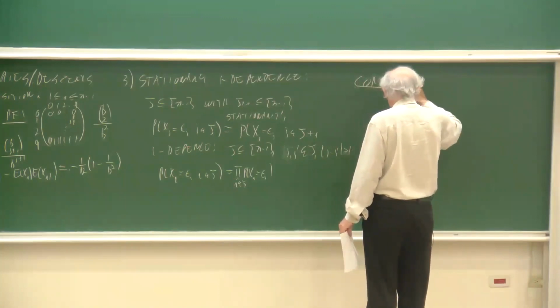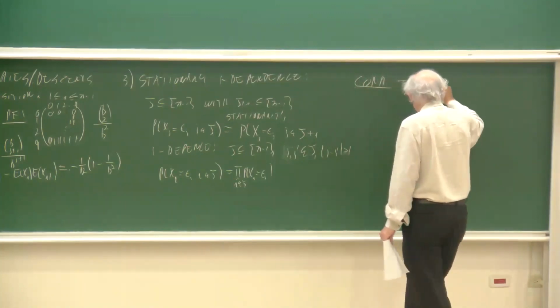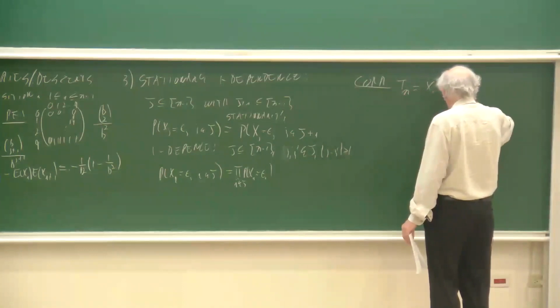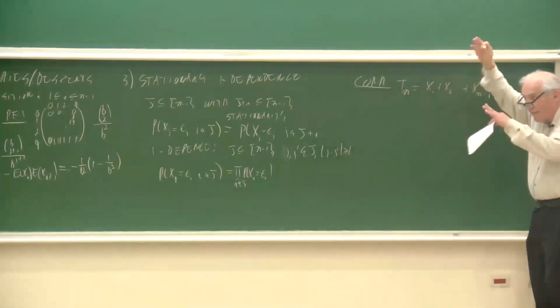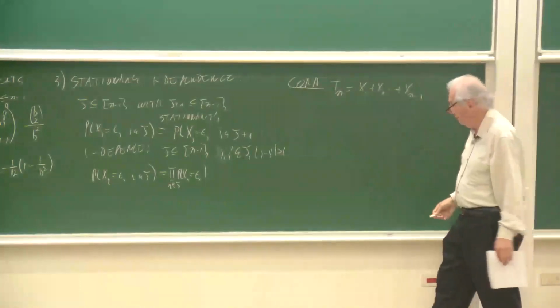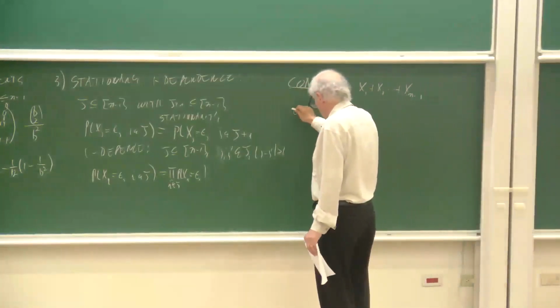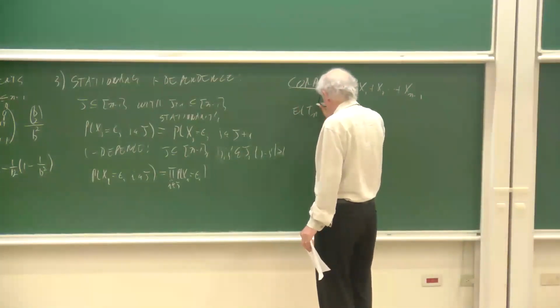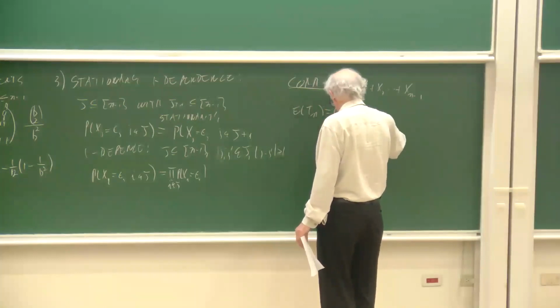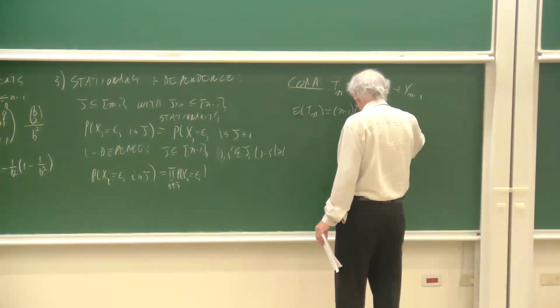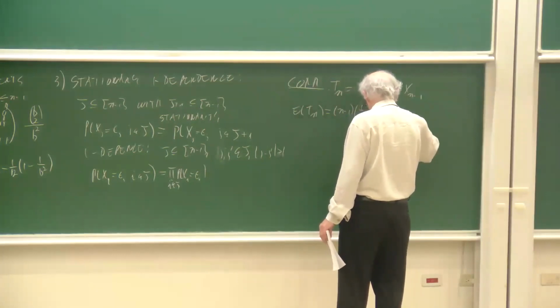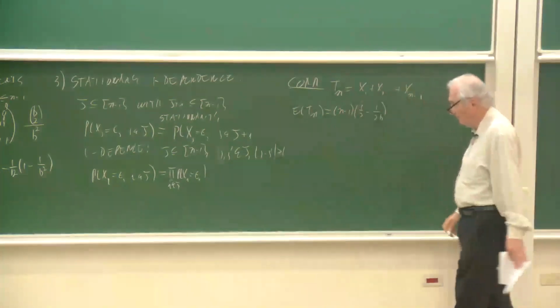let Tn be x1 plus x2 plus up to x(n minus 1), that is the total number of carries, the number of dots in the column. Then the average value of Tn is equal to, well, there are n minus 1 copies, times a half minus 1 over 2b. The mean of a sum is the sum of the means, no matter what.